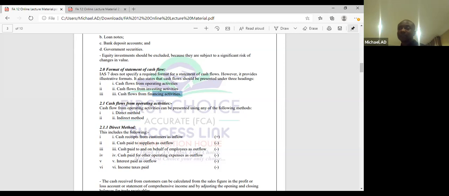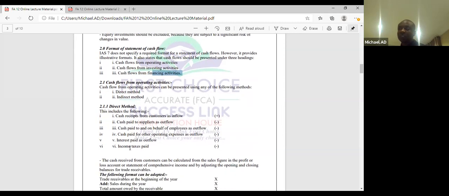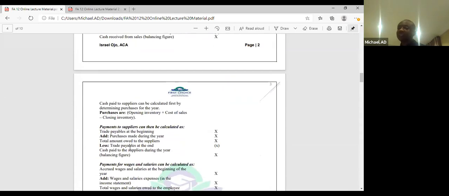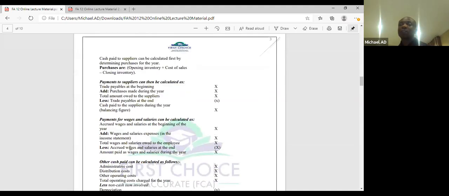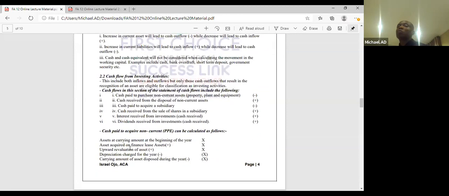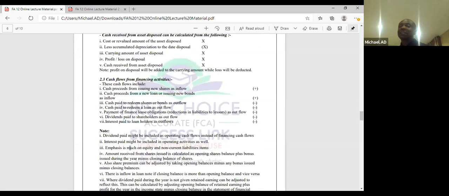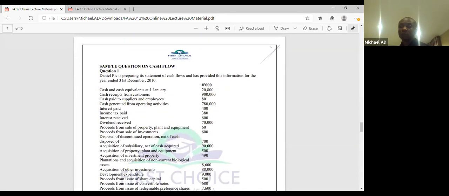The direct method is cash received, cash paid; you just know if cash is going out or not. So the direct is so direct because it will be expressly stated. But the indirect is where we now have to compare two periods together, the closing period of the previous year and the closing period of the current year, to know what has actually happened.